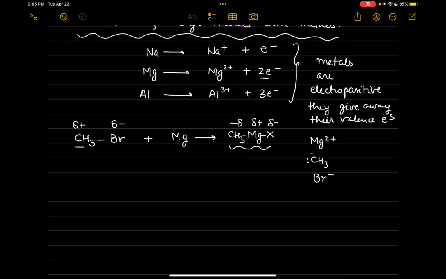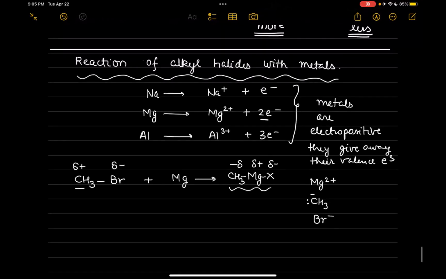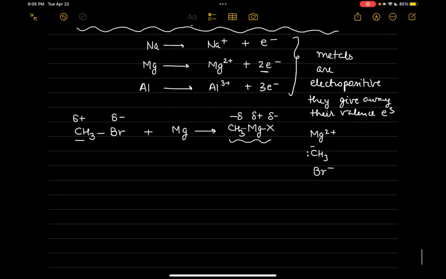Okay, so what is the outcome? Metals will give their electron, break the carbon halogen covalent bond and completely convert it into ionic form, which may have some covalent character.